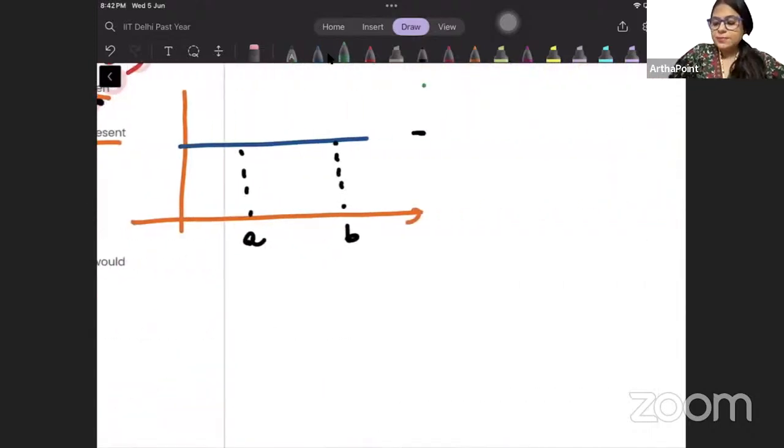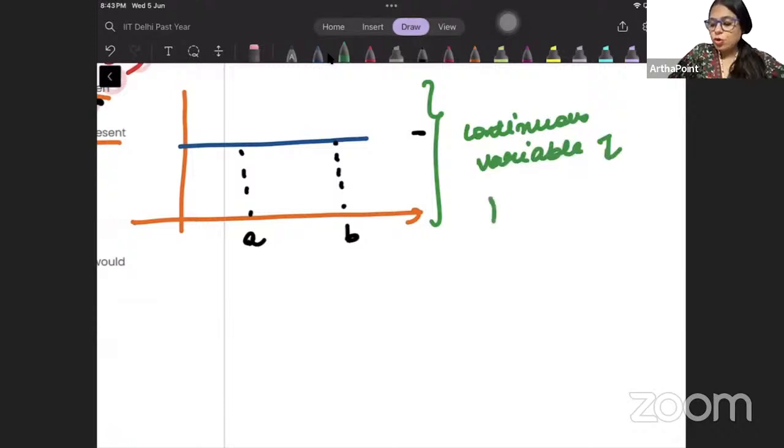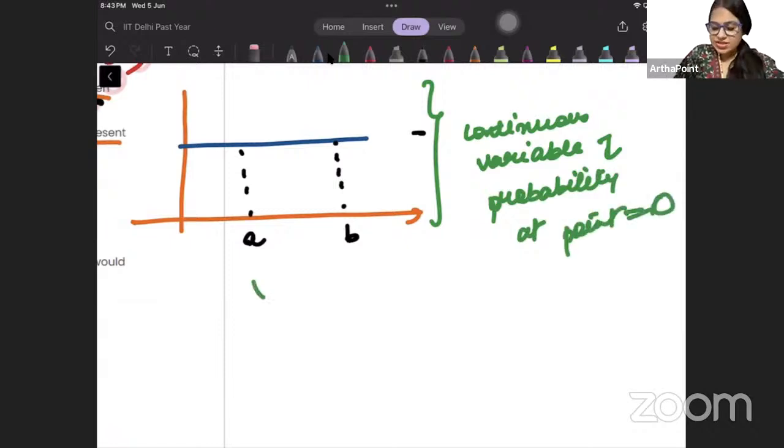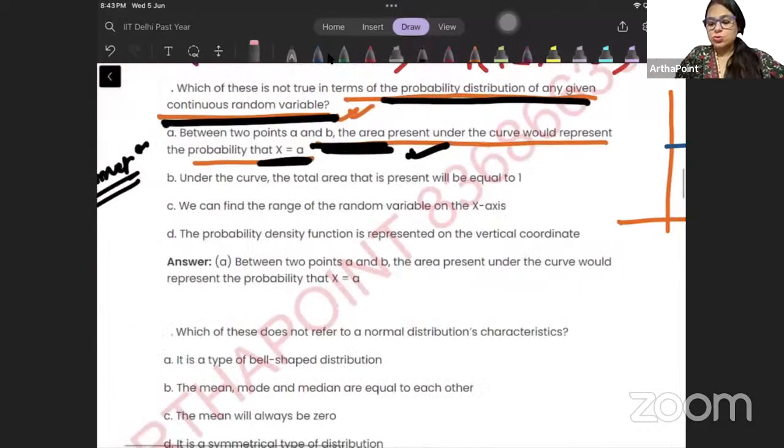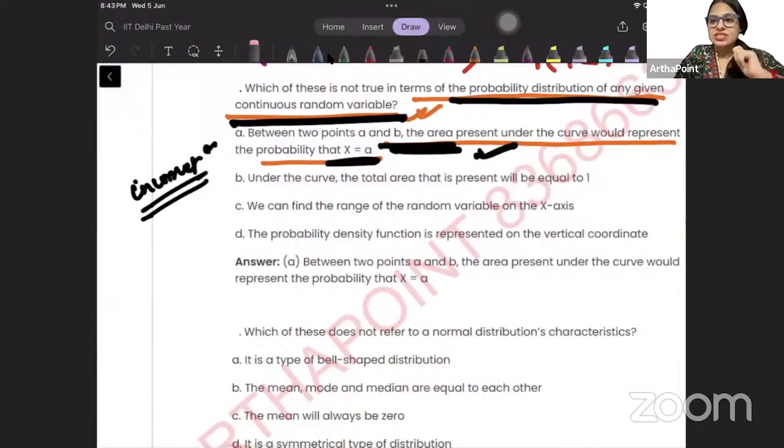Because we know, beta, that whenever we have a continuous variable, then the probability at a point is 0. Probability at any point, whether I say point A, point B, point C, is 0. So whenever we talk about the probability of a continuous variable at a point, it should be 0.